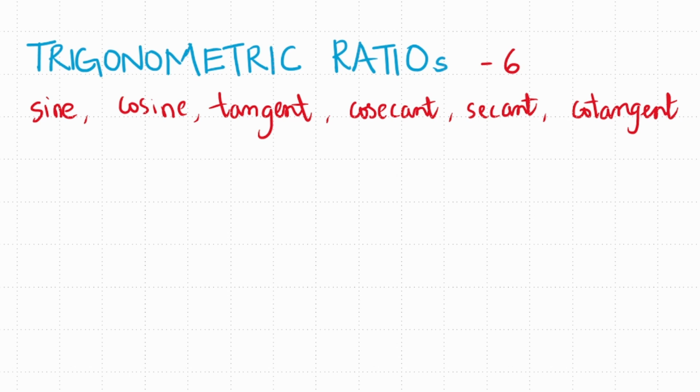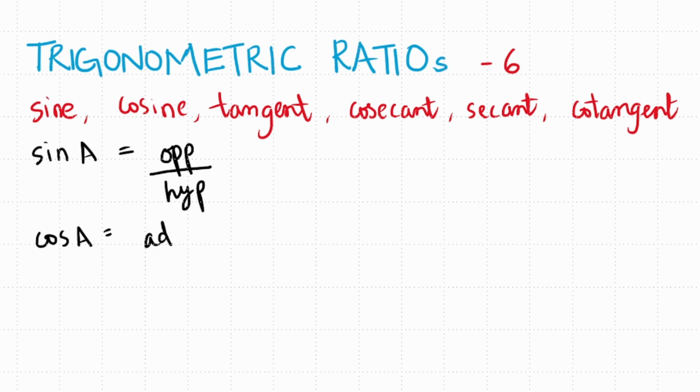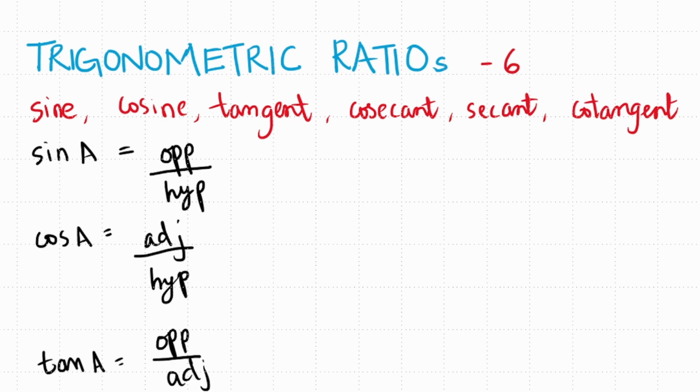Now let us learn what sine is. Sine of angle A is nothing but the opposite side by the hypotenuse. Cos of A is the adjacent side divided by the hypotenuse. And tan A is the opposite side by the adjacent side.